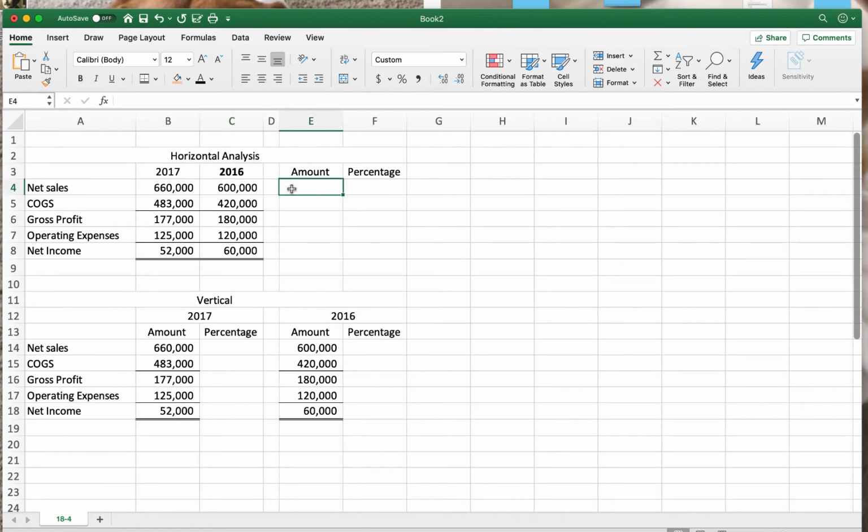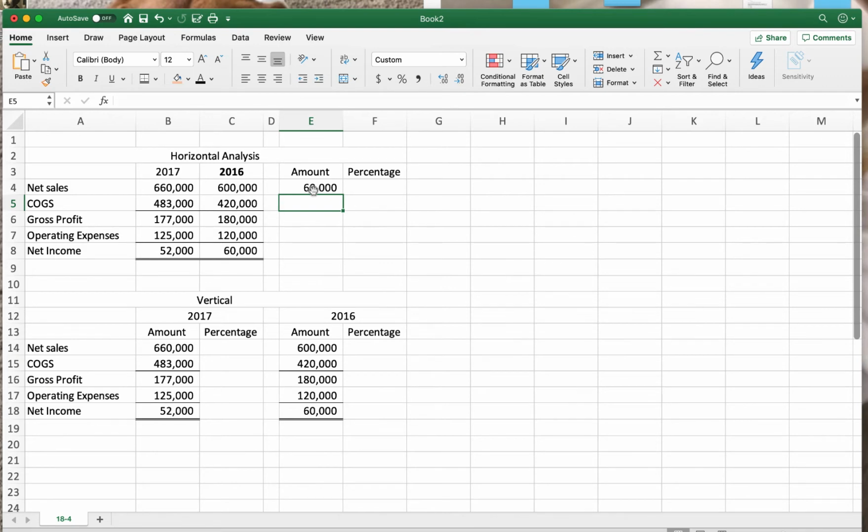So what we need to do is figure out what is the change, right? I'm going to take the new number, 2017, subtract the old number. That shows that I'm 60 grand above 2016 numbers, right? So net sales increased over the year by 60 grand.